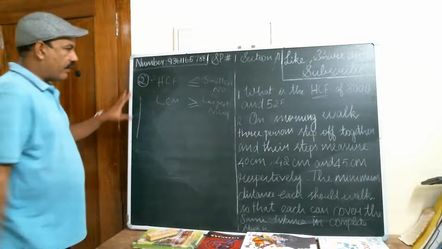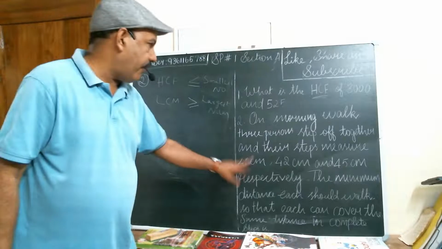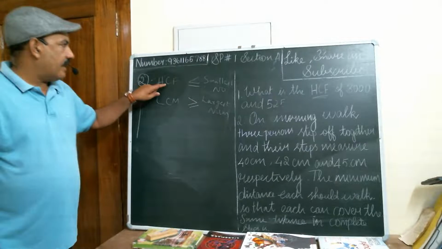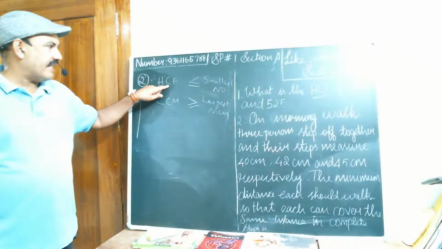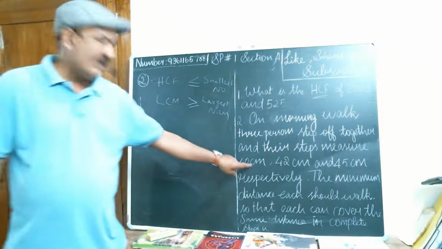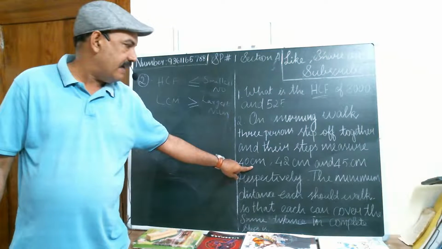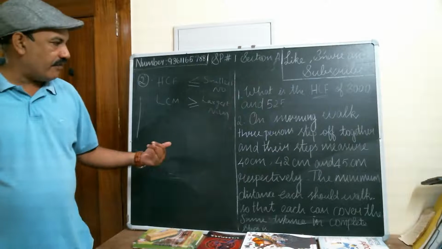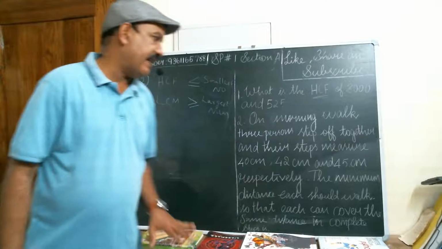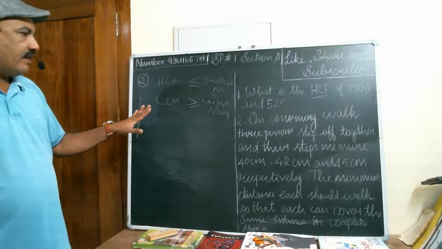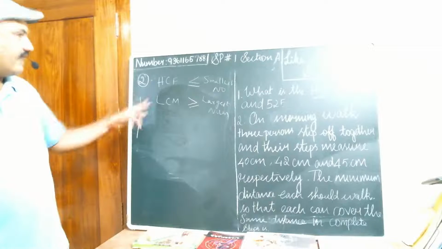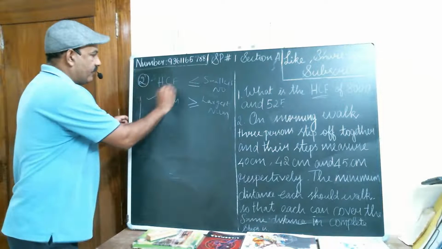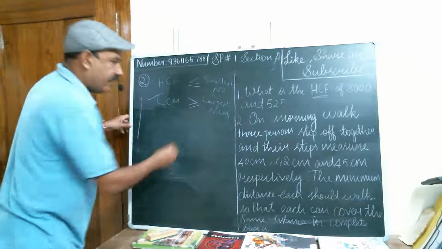From this, which is the smallest number? 40 centimeters is the smallest among all the 3 numbers. So is there a possibility of getting the HCF? No, because less than or equal to 40 is not possible, because the second person is not keeping below 40. He is exceeding 40. So it is not possible to get less than 40 centimeters. So definitely it is going to be LCM.